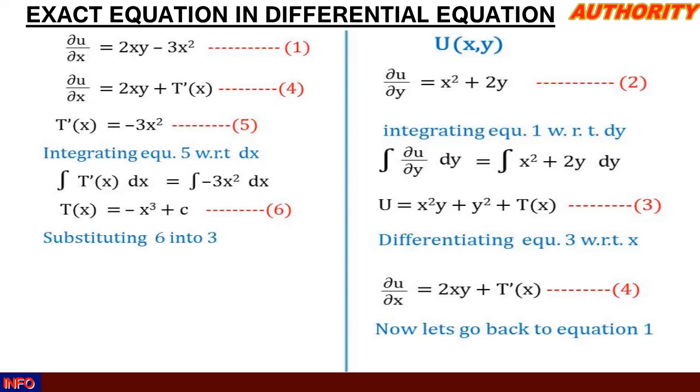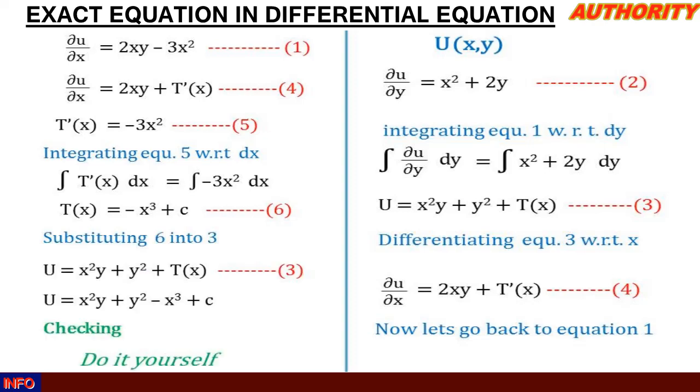Equation 3 says u is equal to x squared y plus y squared plus t of x. Now we have found what t of x is, so replacing it here, we are going to have u is equal to x squared y plus y squared minus x cubed plus c. This is the answer that we have.